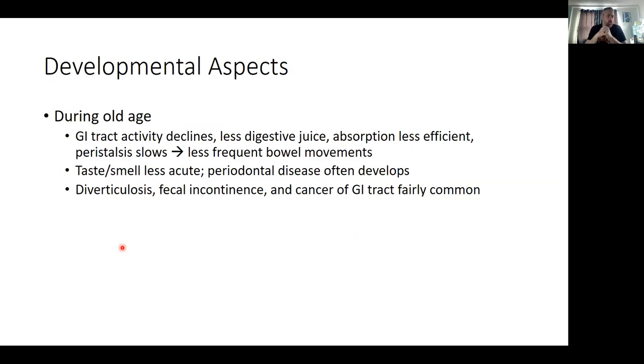So your teeth fall out, things like that. Your GI tract itself no longer works very well. It just kind of sucks. And you often get not just incontinence, right, so you can't hold it in, but oftentimes constipation building off of this as well. So getting old sucks, I guess, is the way we close every chapter.